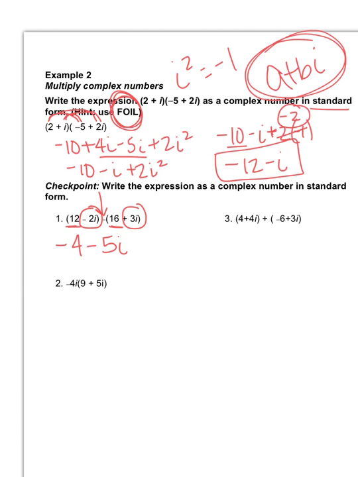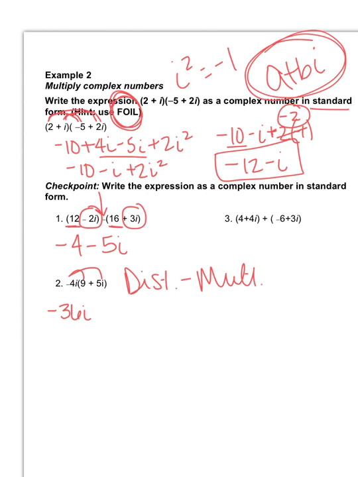So notice on example 2, we have parentheses, and we have a term on the outside of the parentheses. So we will distribute here. So we will be multiplying. So when we distribute, we get -36i, because we're multiplying.